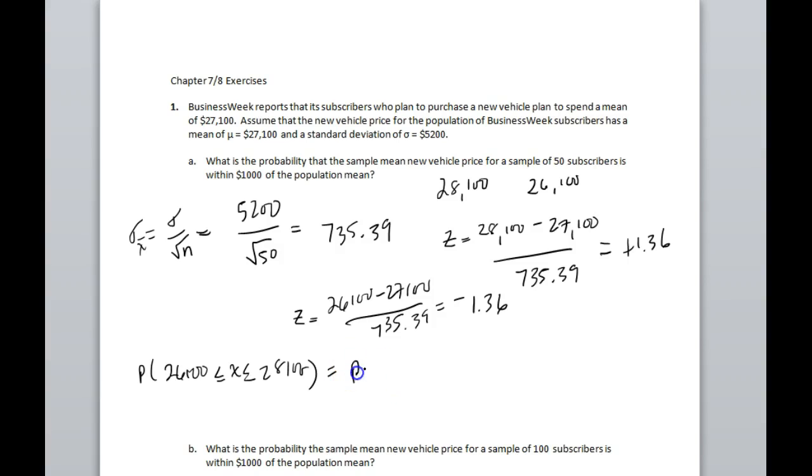So that's going to be equal to the probability that z is between negative 1.36 and positive 1.36, which we know we do by the probability that z is less than 1.36 minus the probability that z is less than negative 1.36.